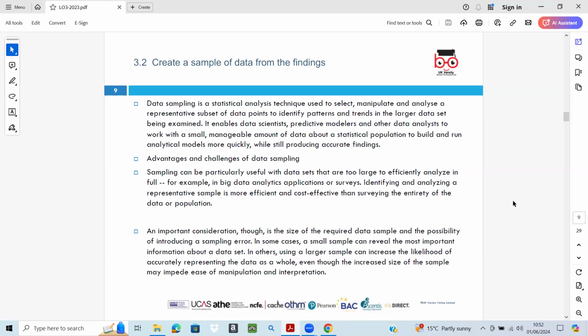Sample size. So determining the right size for the sample is critical. A sample that is too small may miss significant trend, while a large sample might almost mimic the same complexity of full data set. So reducing the benefit of sampling.